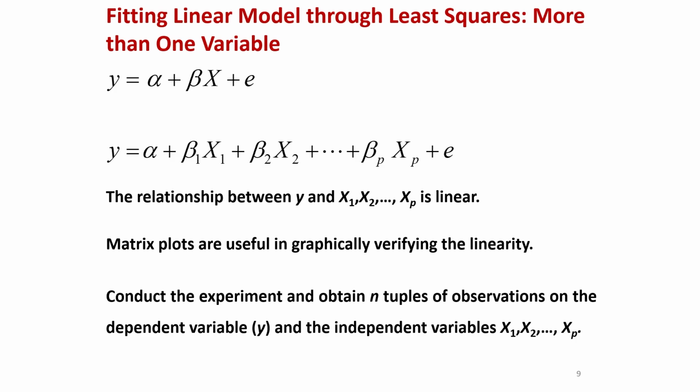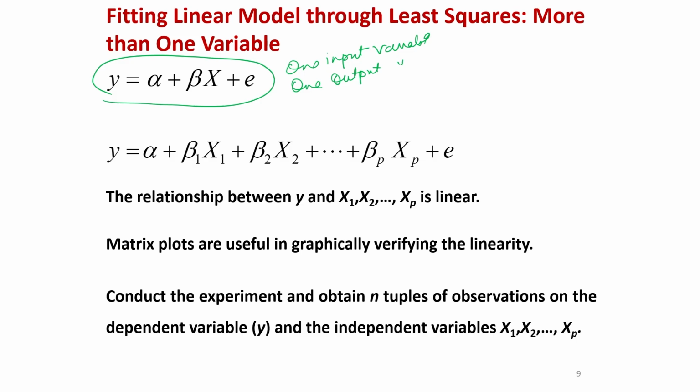So you can recall that we have considered earlier a model y equal to alpha plus beta x plus e. So there was one input variable x and one output variable.